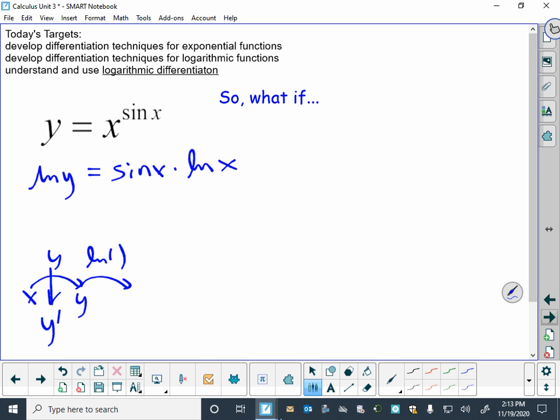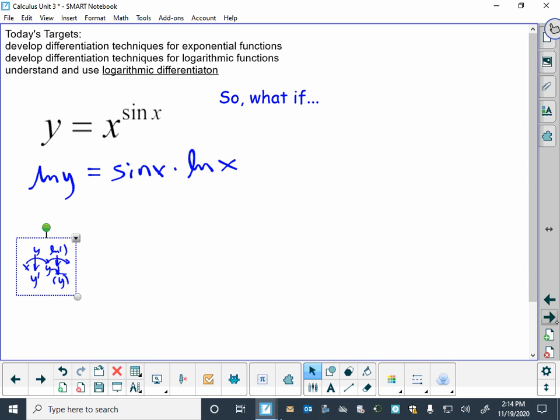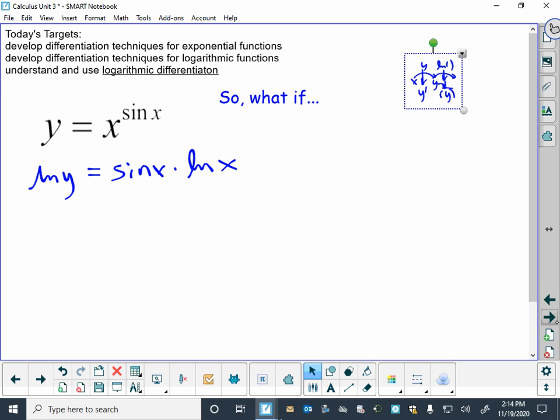And so the derivative of y we call y prime. The derivative of natural log is 1 over something, and in this case what was at the beginning was a y. Okay, so looks like a 1 over y times y prime there. I'm going to move that off to the side a little bit. Say my derivative here is 1 over y times y prime.